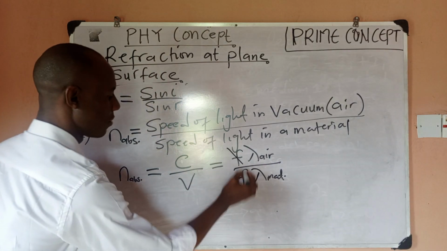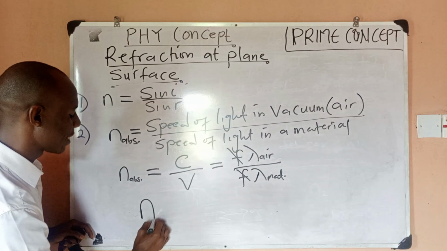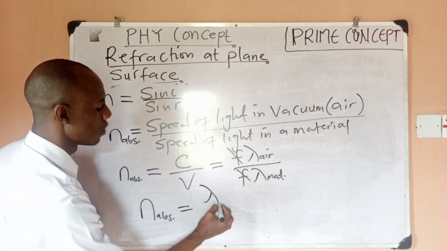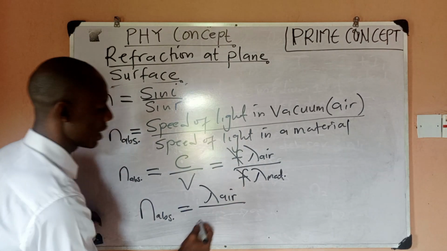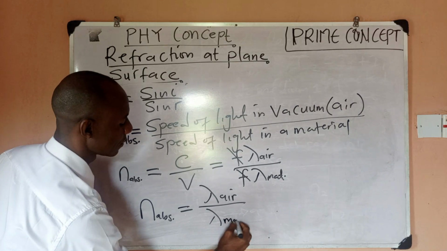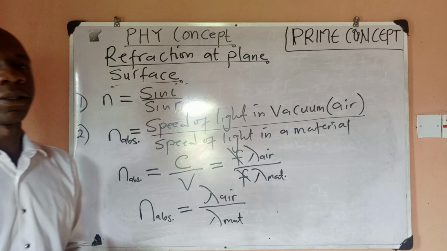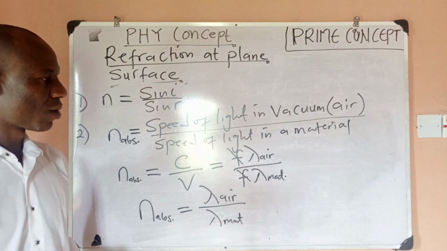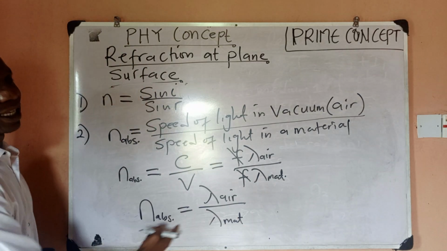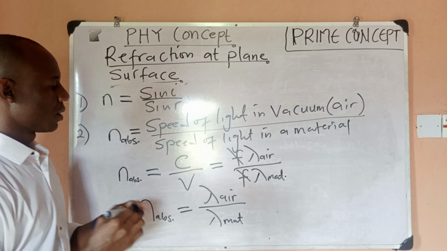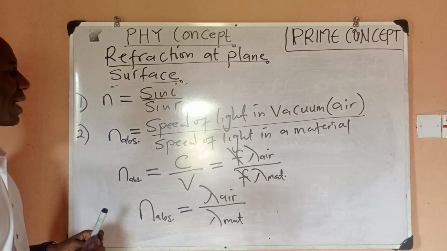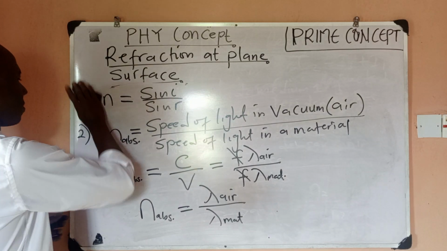So if F cancels out, you can get that the absolute refractive index for a material is going to be the wavelength of light in air over the wavelength of light in that material medium. So this is also another relationship for refractive index in terms of wavelength. You should note that the frequency remains the same. Then the third way we can define refractive index, number 3.